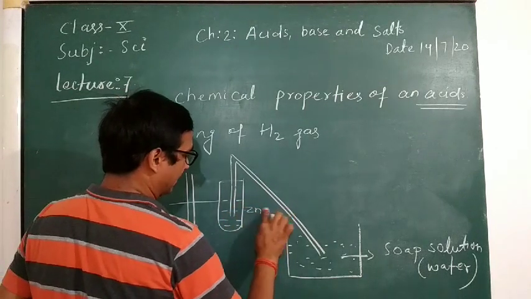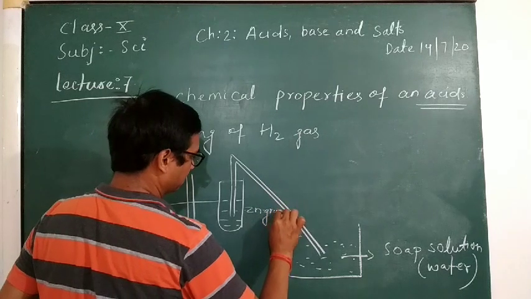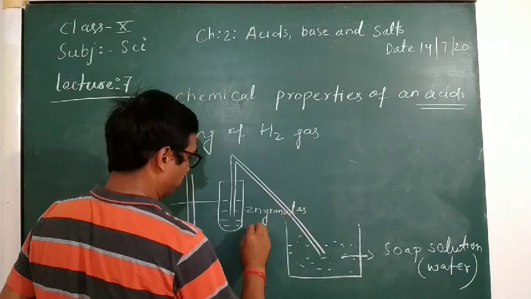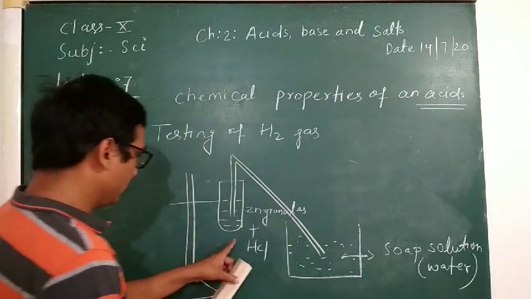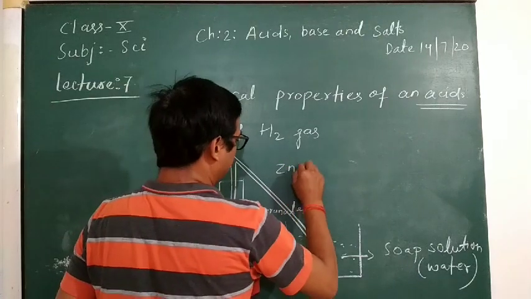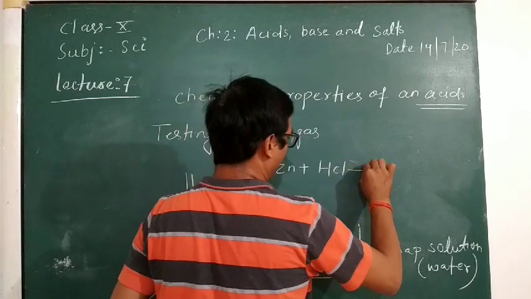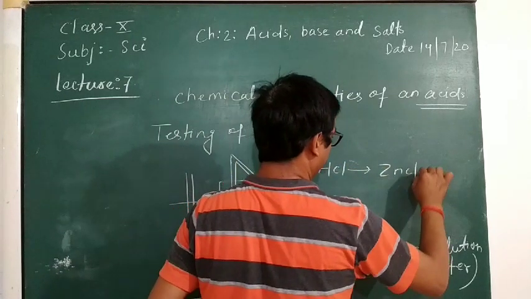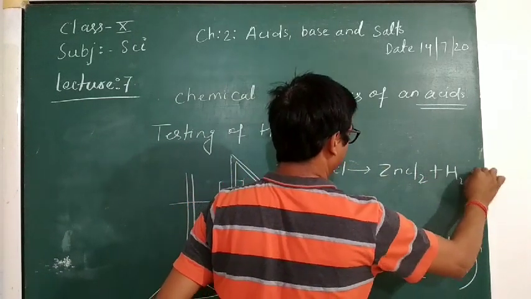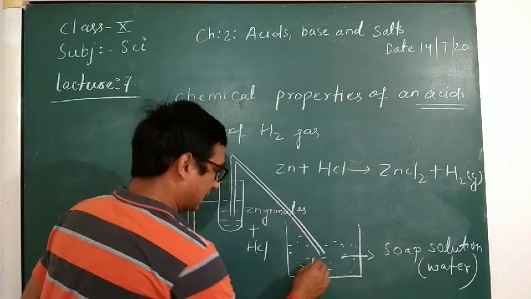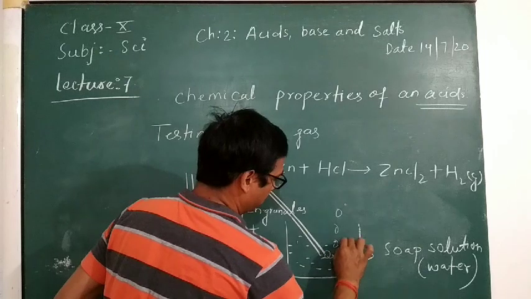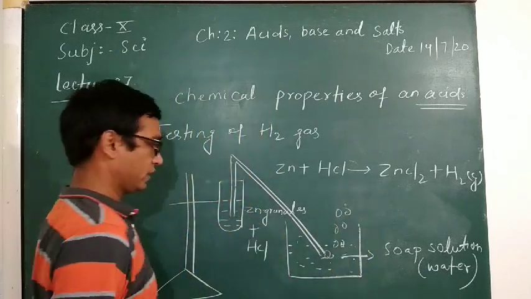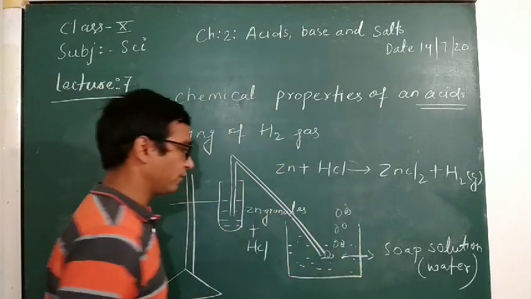In this we will take zinc granules plus HCl. If we take zinc granules, Zn plus HCl, you know it forms zinc chloride plus hydrogen gas. This gas will be obtained in bubble form in the soap solution.